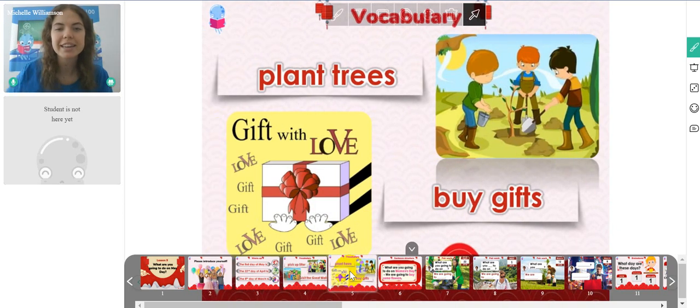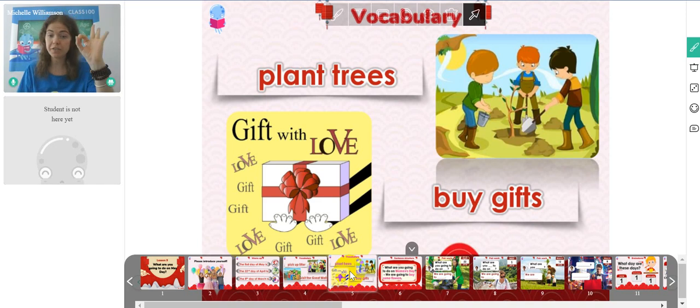Number 3, plant trees. So I can imagine I have a shovel. Plant trees. And have students practice with me. And number 4, buy gifts. Acting out, giving a gift.